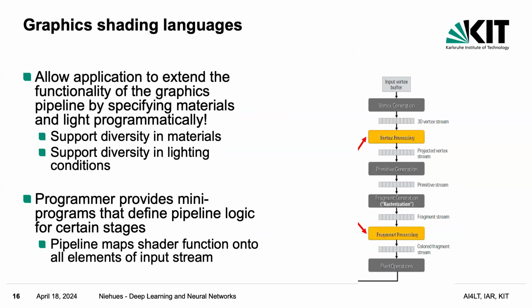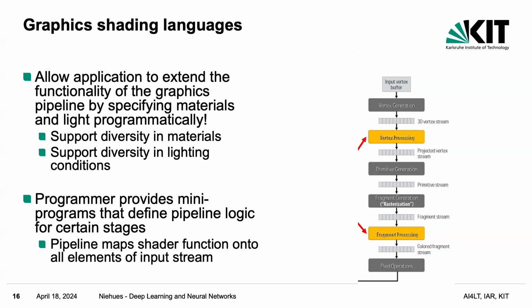So what do I have to do to run code on a GPU? Let's do a bit of a rollback to how it originally happened, and then look at one quite simple example where we just do the addition of two matrices and how that can be done on a GPU. Originally there was the graphics shading language, which allowed you to extend your applications to implement how specific materials should look.